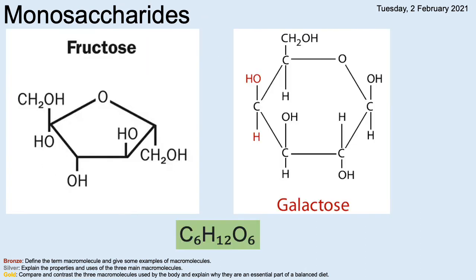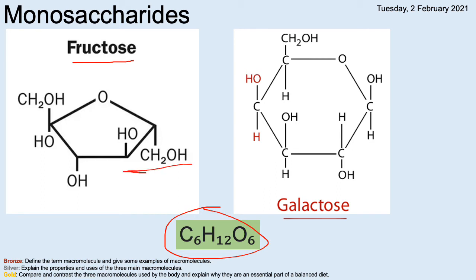Okay, so if we move on to the other monosaccharides that I mentioned earlier, you also have fructose and galactose. So these also have the same chemical formula as glucose. It is just the arrangement of the elements in the structure of the chemical that differs.